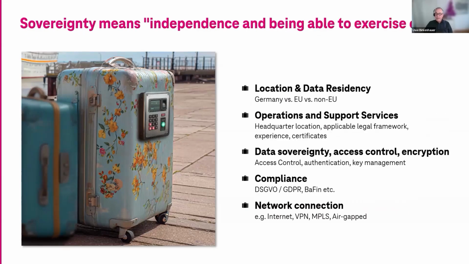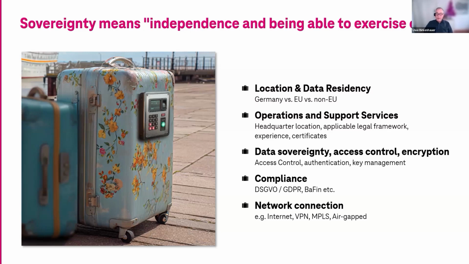And this has several foundations. One is where the data is located, if it's in Germany or the EU or outside of the EU, and who does the operation and the support services, because the headquarter location obviously counts. If it's US based or Europe based, then it's GDPR first or Cloud Act first. So the legal framework is dependent on that. Also it's important what experience and certificates a service provider brings.